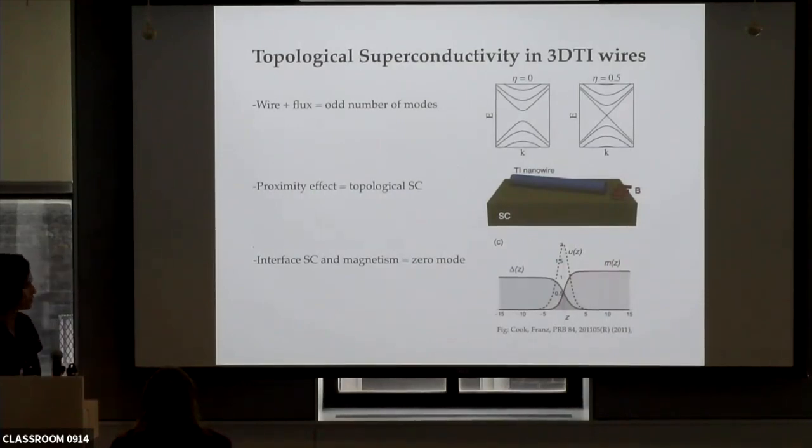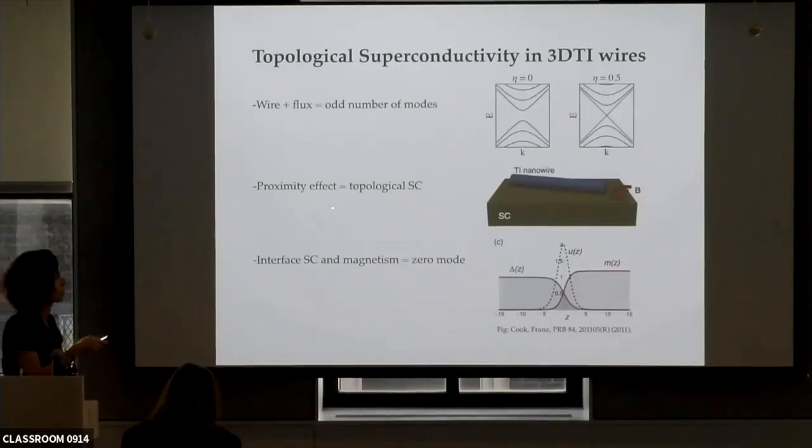Okay, so here's the recipe, and this proposal was already put forward by Cook and friends quite some time ago. What they said basically is you take the wire, you thread the flux, you get an odd number of modes, and you add the proximity effect. So you imagine taking this wire and laying it on top of a bulk superconductor, niobium or whatever, that induces proximity effect.